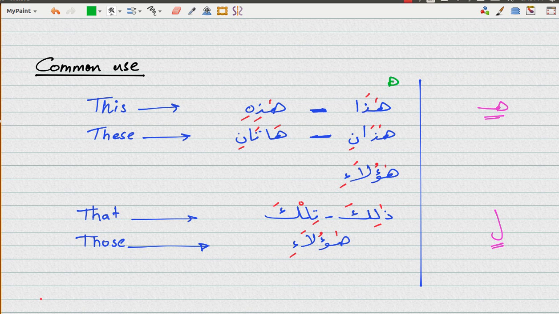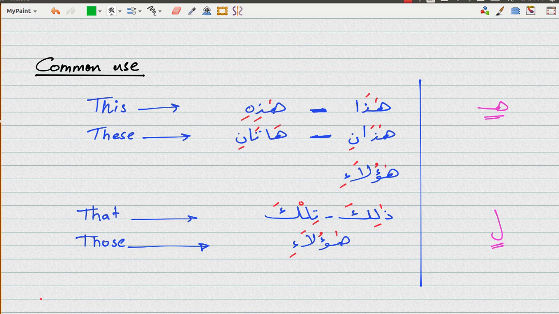هذا, read as هذا. This small thing here is not fatha, it's a small alif. So this word is read هذا, and it means this, and it's used for a masculine object or person. You're pointing at him, you're pointing at it. If it's a masculine object, you'd say هذا.